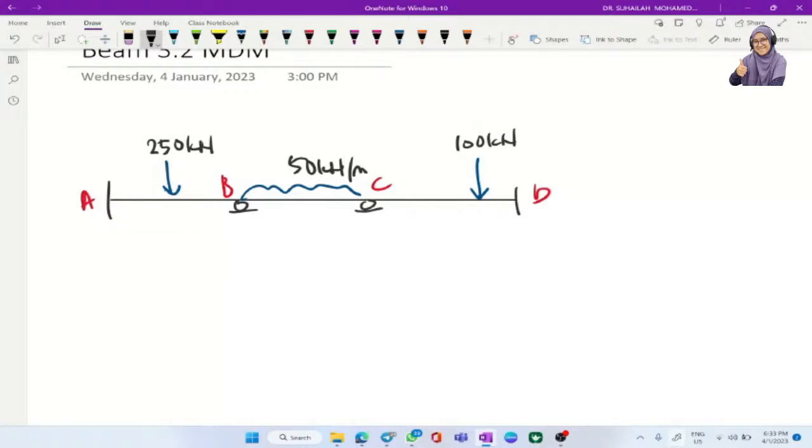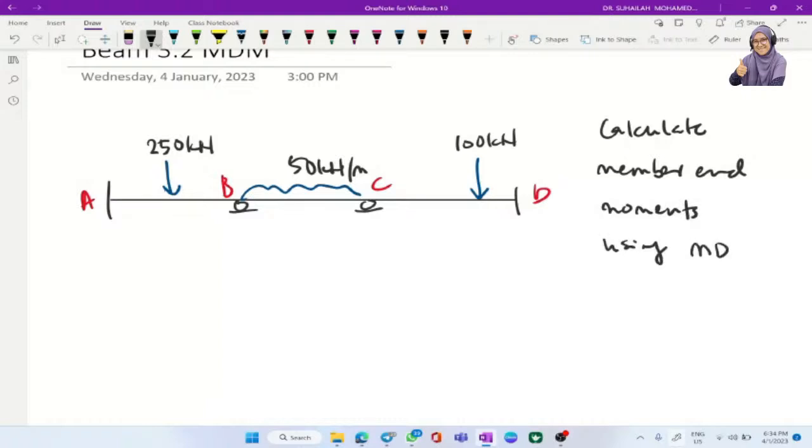Okay, so we are going to analyze this. Calculate member end moment using MDM, means moment distribution method.